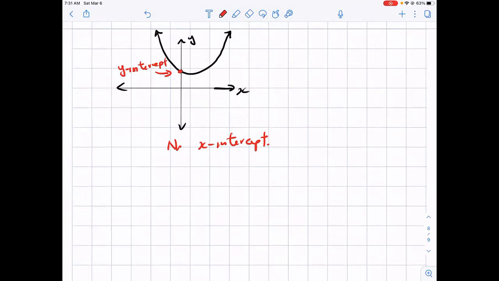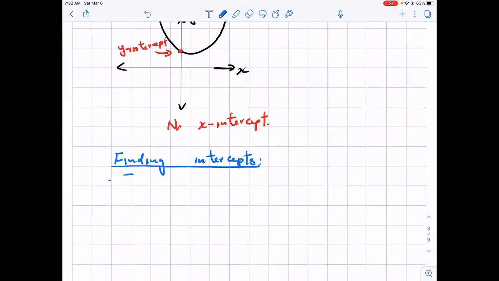So what is the condition for finding intercepts? To find the x-intercept, let y equal 0 and solve for x.